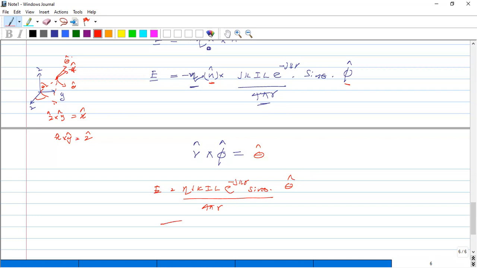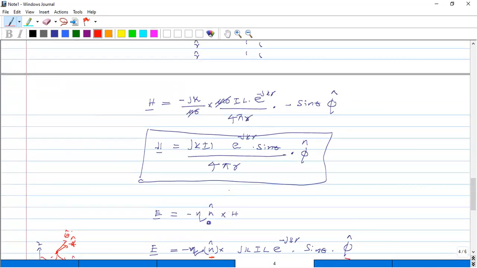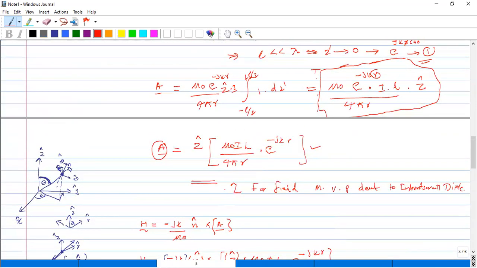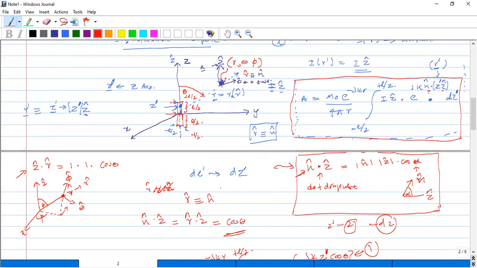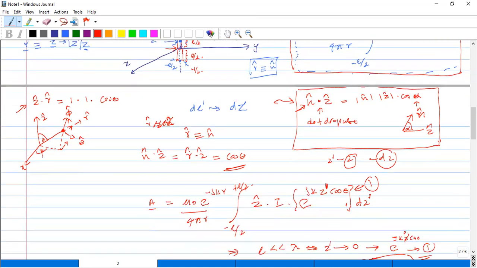So this is the value for the E field. You can see that the E field is in the theta direction.